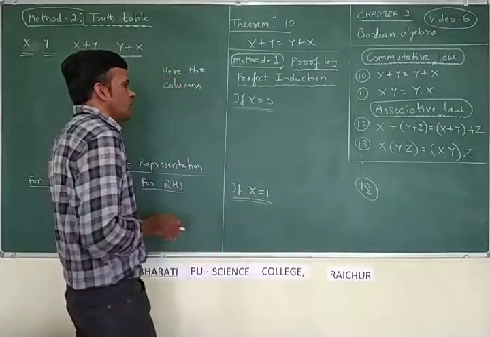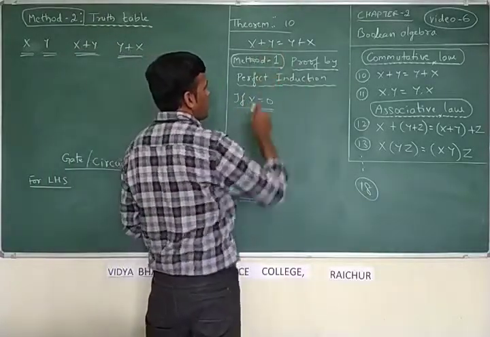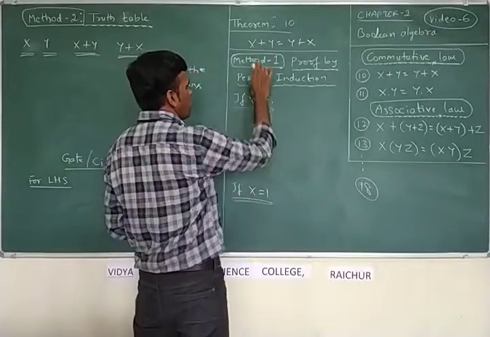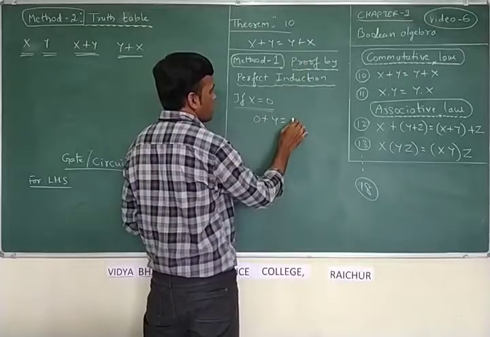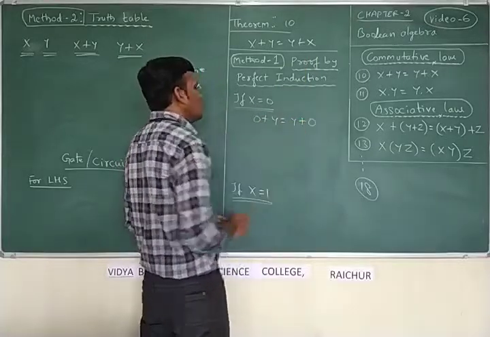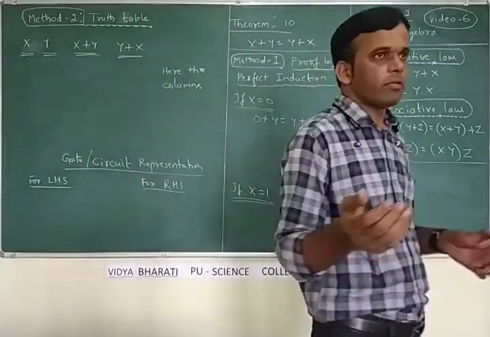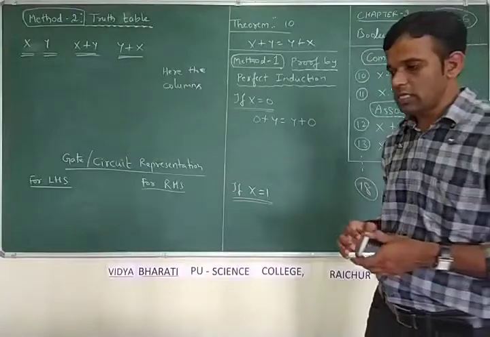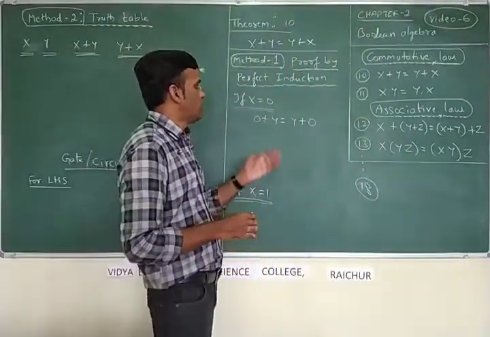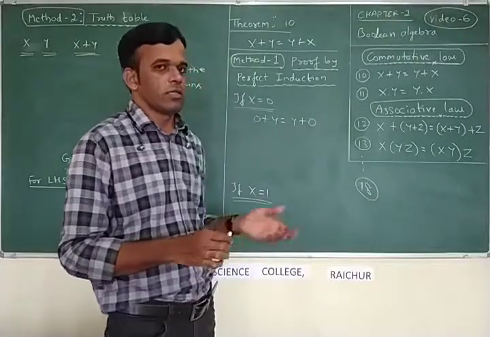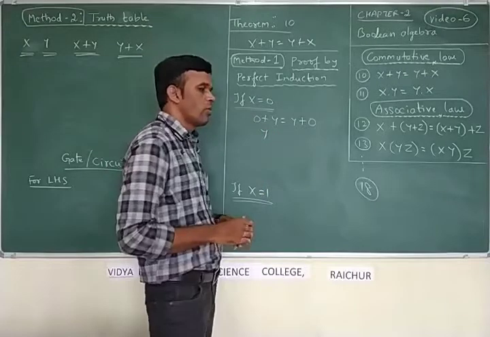Here I am taking x as 0, and substituting 0 in the given statement. So x plus y is nothing but 0 plus y, and that side it is y plus x, so y plus 0. Now we can even use the results of previous theorems. Here the postulate is enough for us. It's an OR operation, so it is nothing but y.